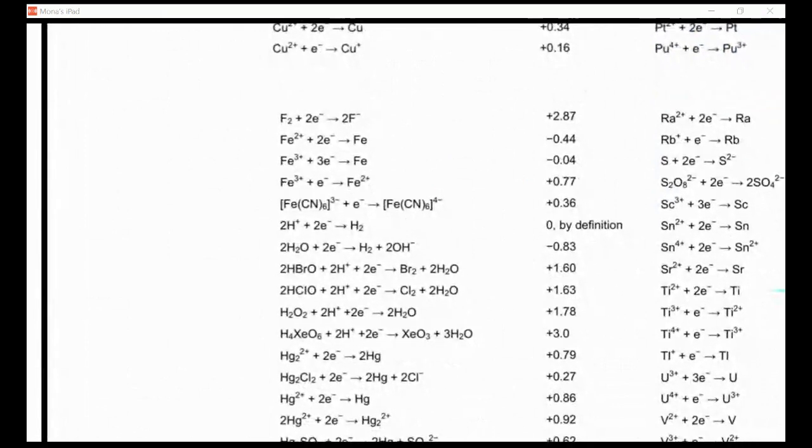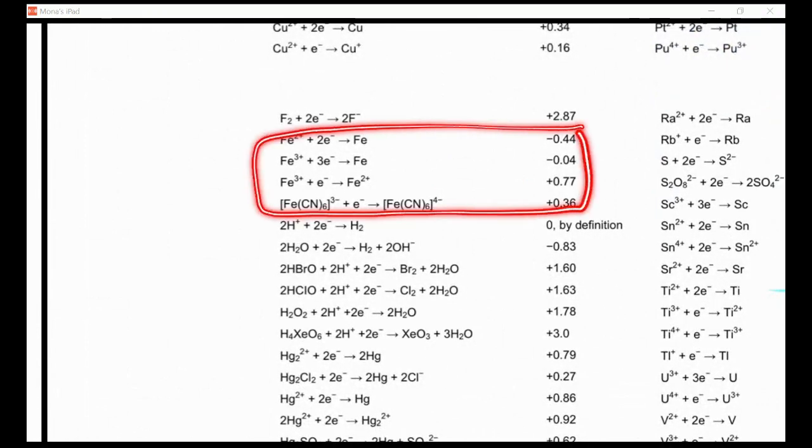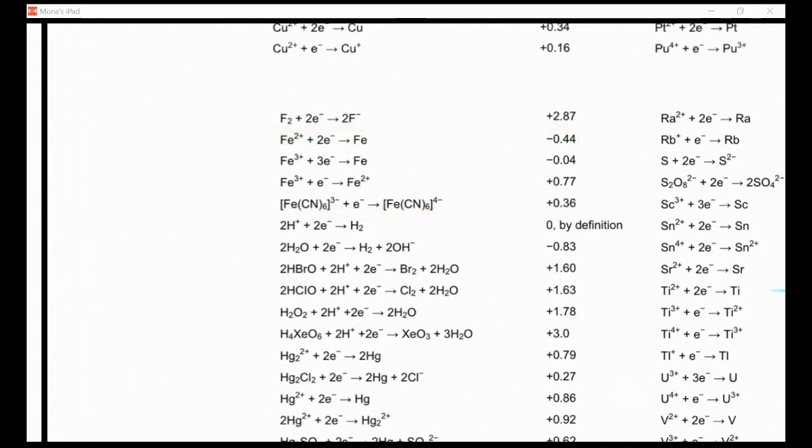Now if I go there, you could see that I don't have FeSO4 here. So I will take Fe2 plus and Fe, because this is what is happening to the Fe solid. It is converted to what? Fe2 plus, in our reaction.